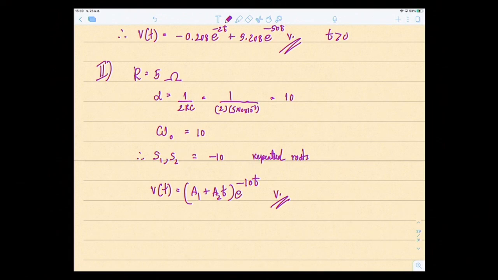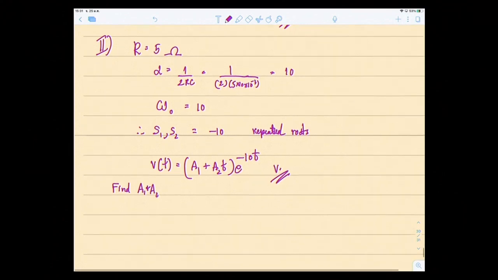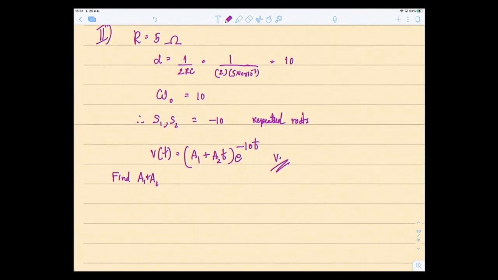Now we have to find A1 and A2. The initial value V at 0 is equal to 5 volts, but we have to find dV/dt at 0.